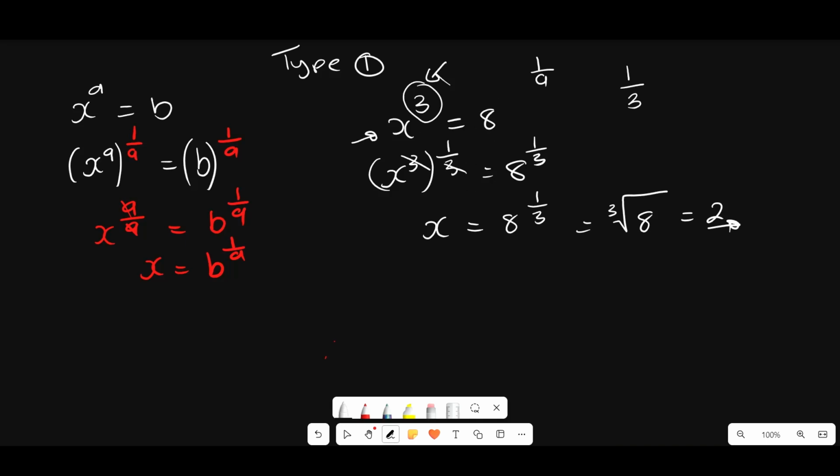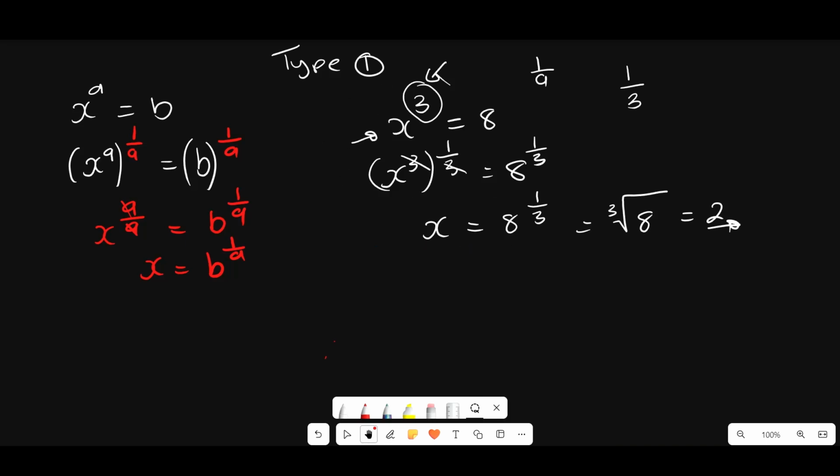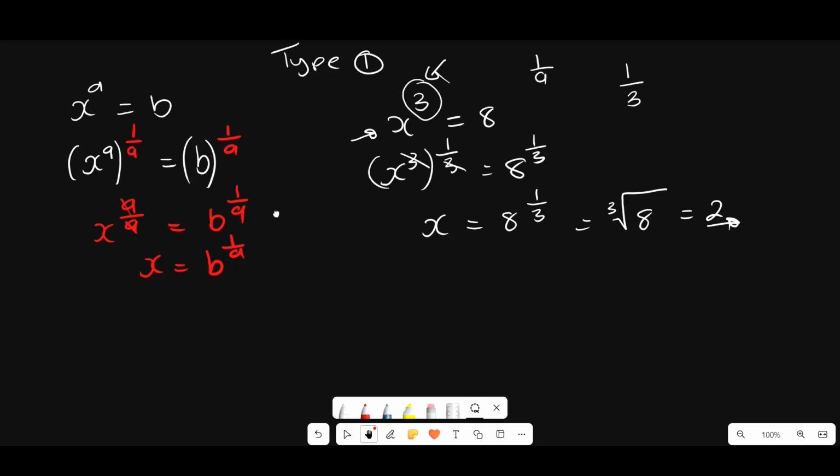You can introduce logs, or ln, or you could say x cubed is equal to 8 and then cube root both sides, and hence we have x equal to 2. For now we're just looking at this simple way of doing it. So this is the first thing one should know when solving for x.